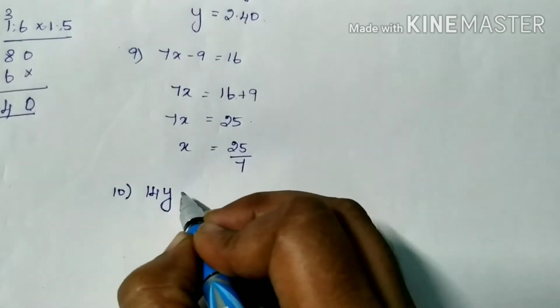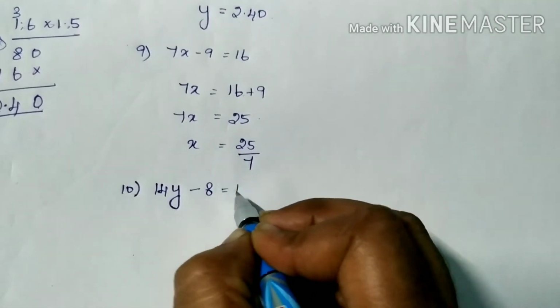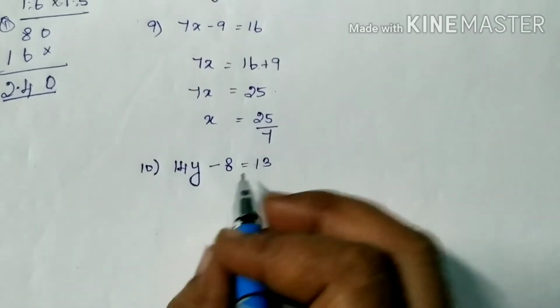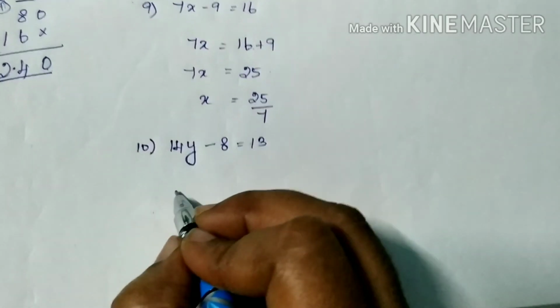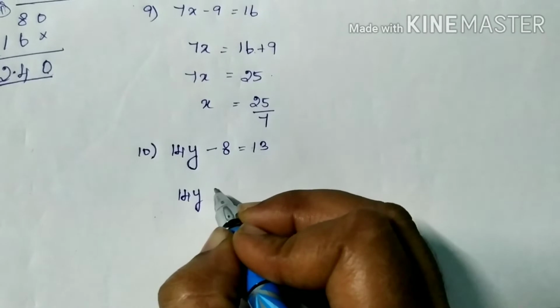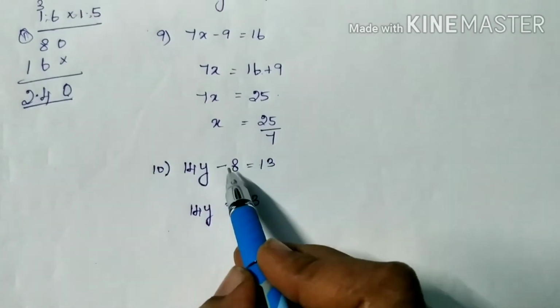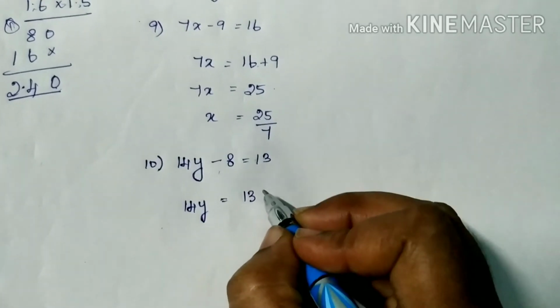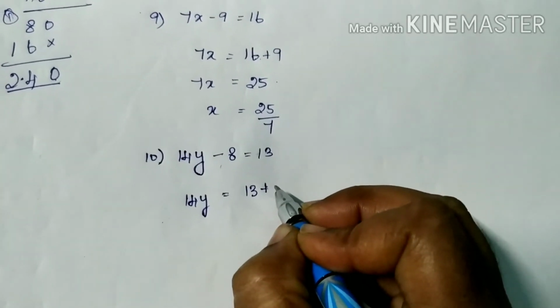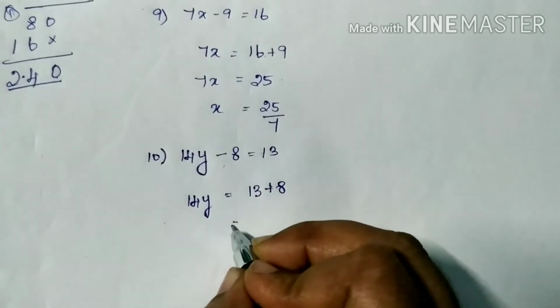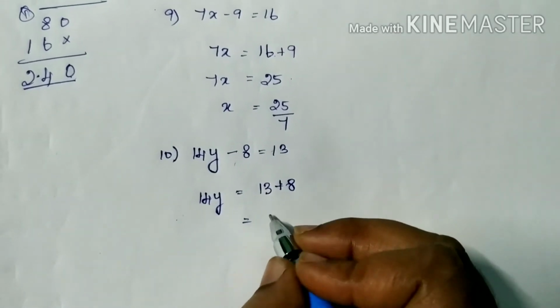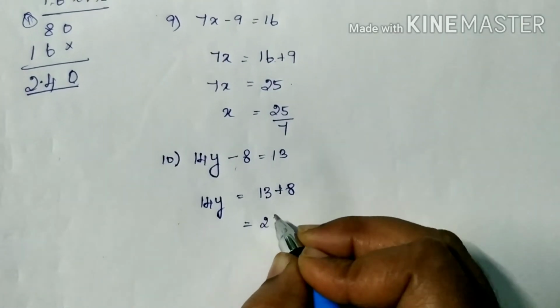And 10th question, 14y minus 8 is equal to 13. So here the variable term is 14y, equal to 13 is already there, minus 8 will go that side, means it will change into plus 8. And now if you add it, 13 plus 8, it will be 21.